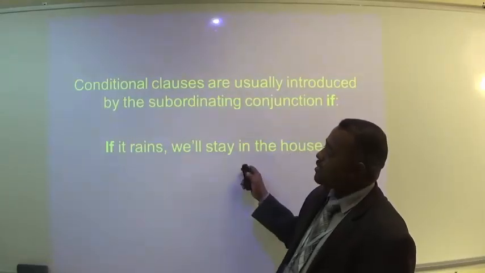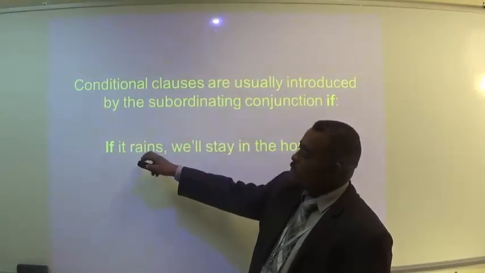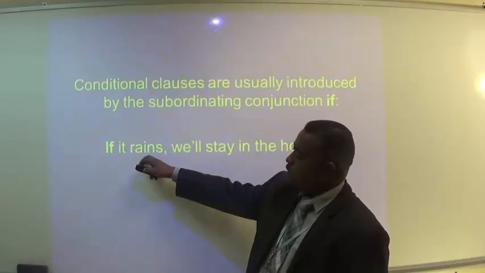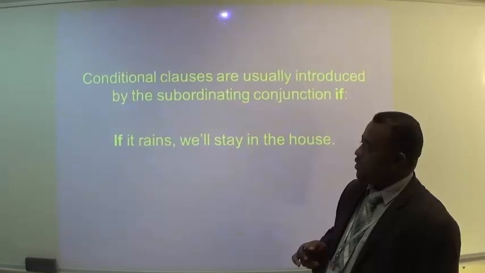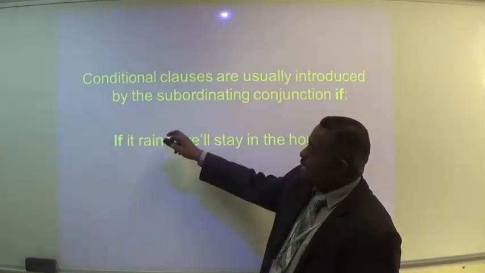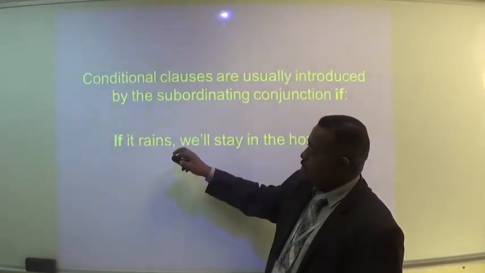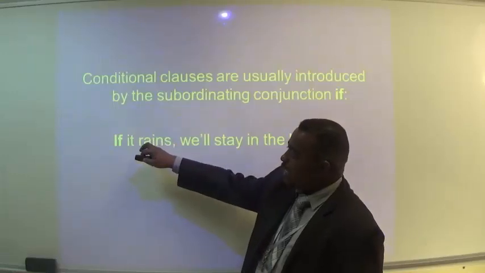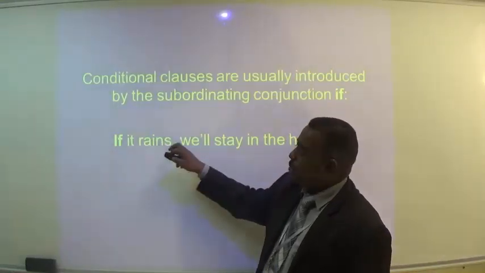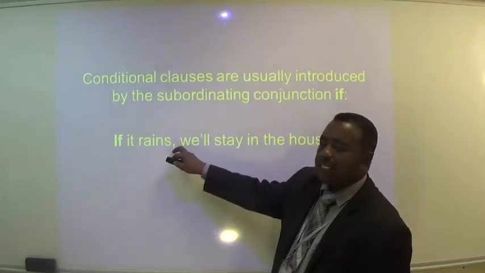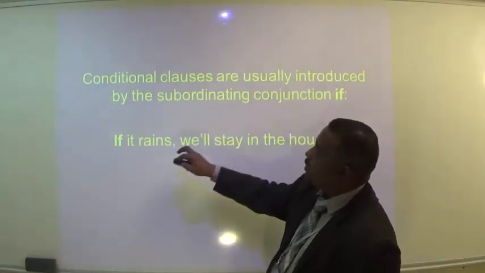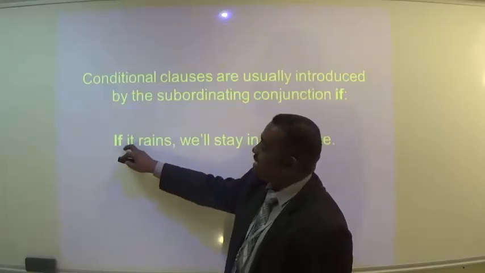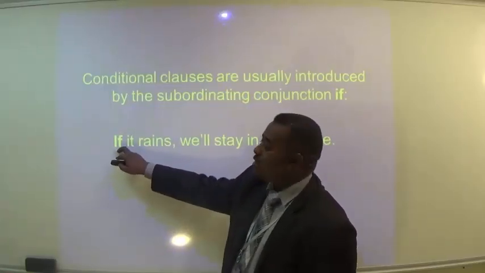The first one is the if clause, and the second one is the main clause. So what is the difference here? The if clause is separated from the main clause by a comma. And we call it a subordinate clause when the sentence starts with if.